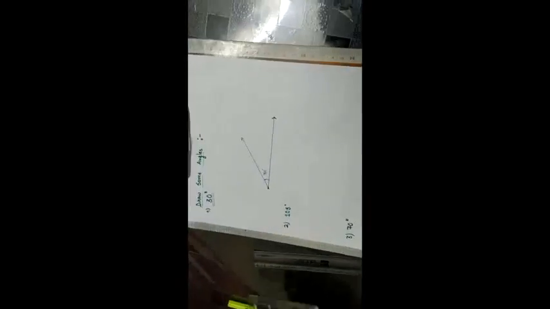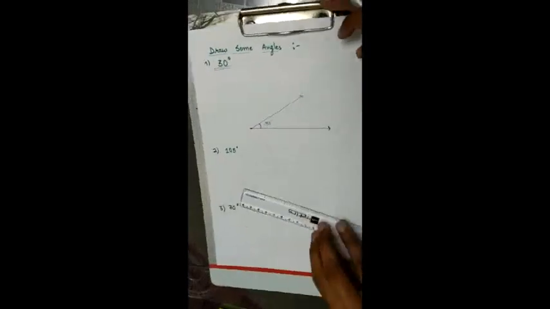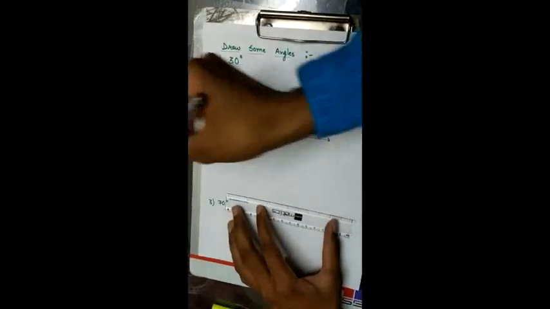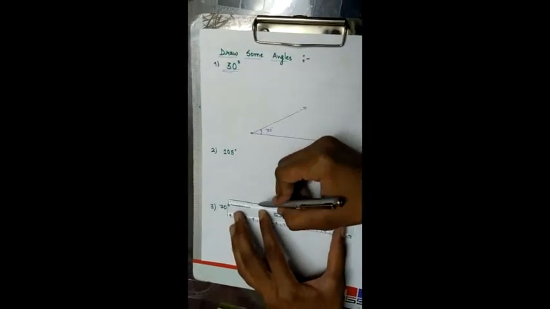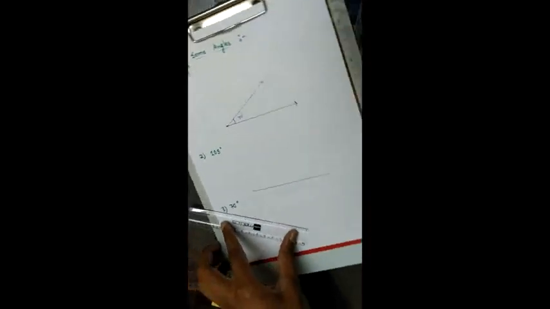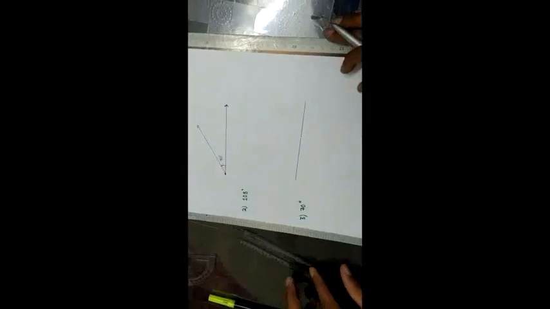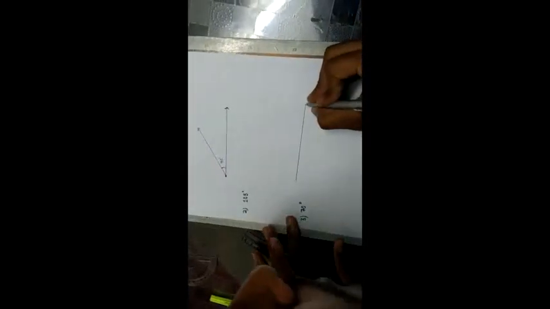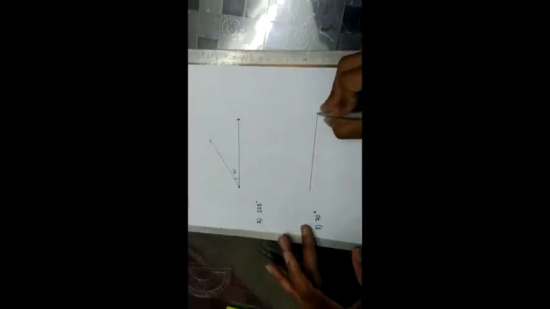Okay, now we will measure one more angle. First we draw the bottom line. Now we take this point as the vertex point.